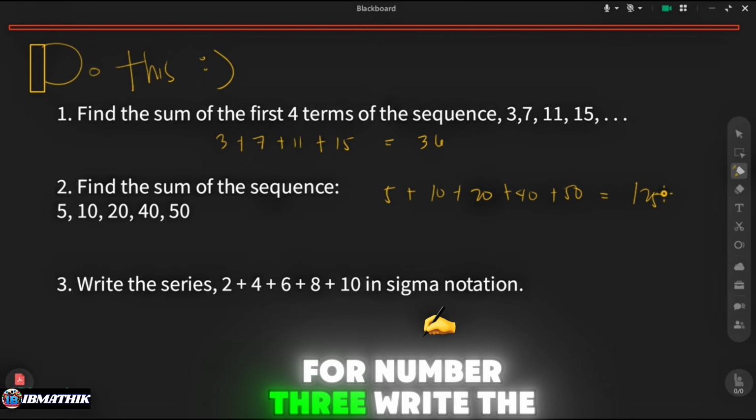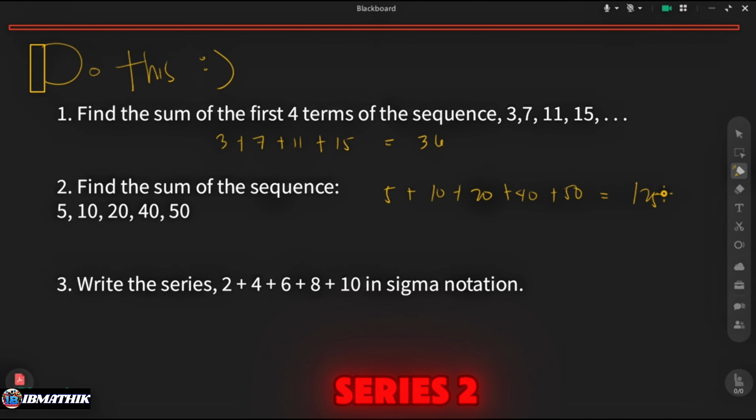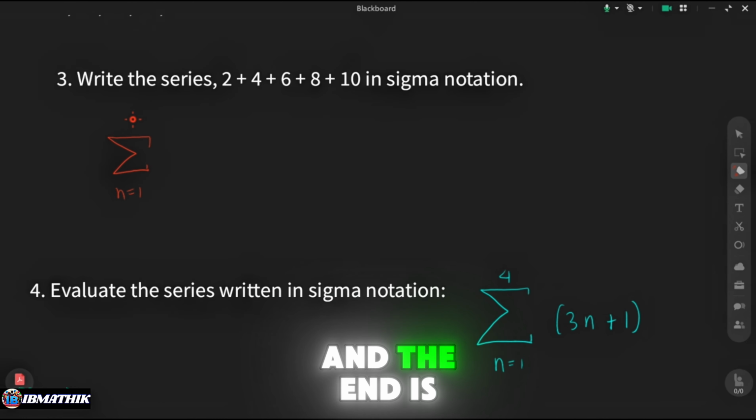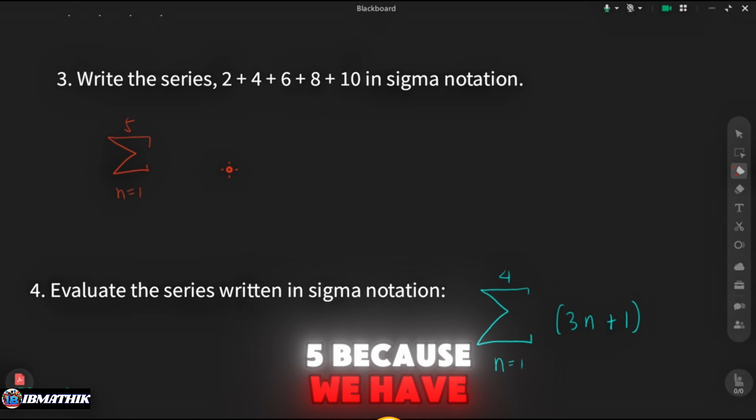For number 3, write the series 2 plus 4 plus 6 plus 8 plus 10 into a sigma notation. As you can see, we have 5 terms in the series. So the n starts at 1 because that is the starting point, and the n ends at 5 because we have 5 terms.